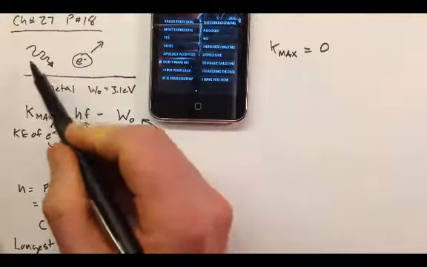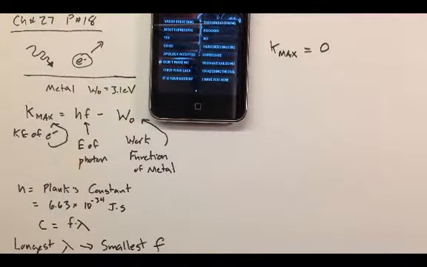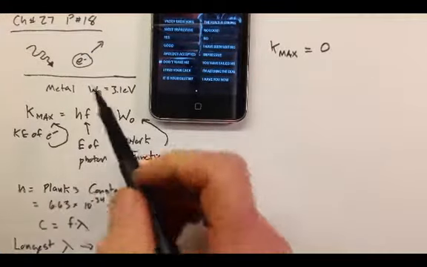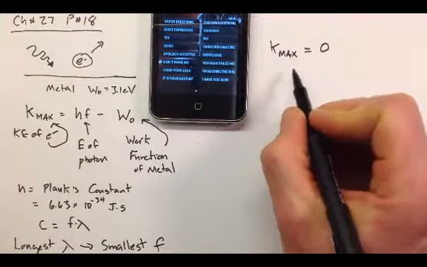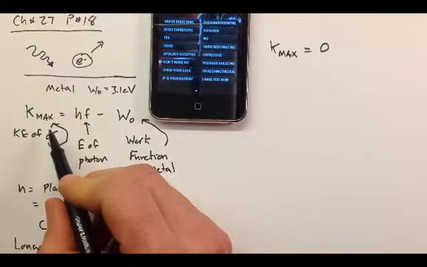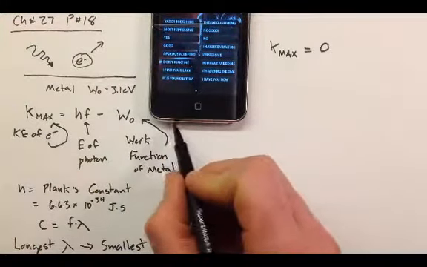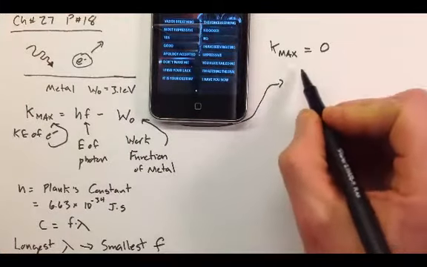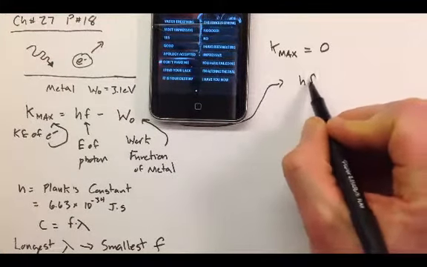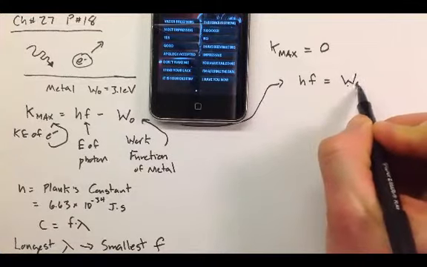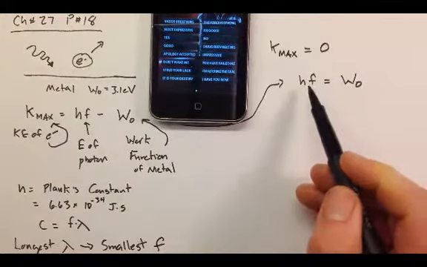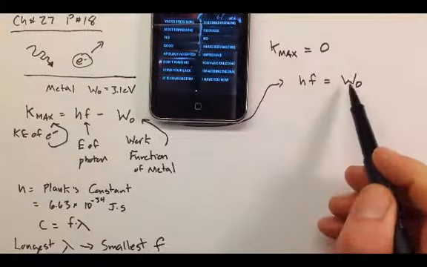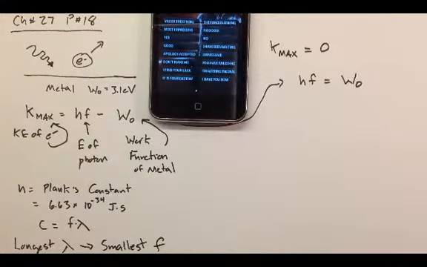That is, the photon has just enough energy to remove the electron from the surface, but not any extra energy. So if I plug in 0 in this equation, I just get hf is equal to omega naught. In other words, the energy of the incoming photon will just equal the work function.